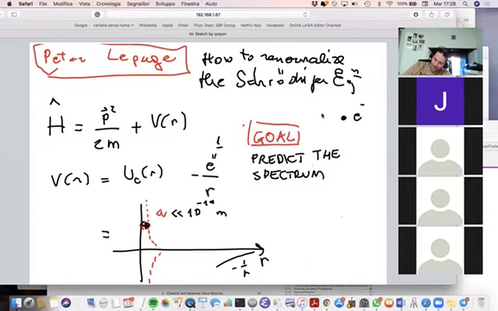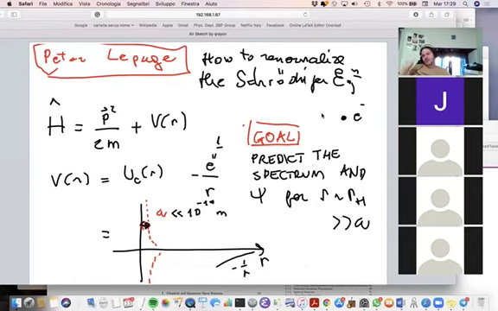We want to predict the spectrum and the wave function for distances of the order of the Rydberg. So for typical distances, therefore for distances much larger than the short distance where this unknown potential is localized.